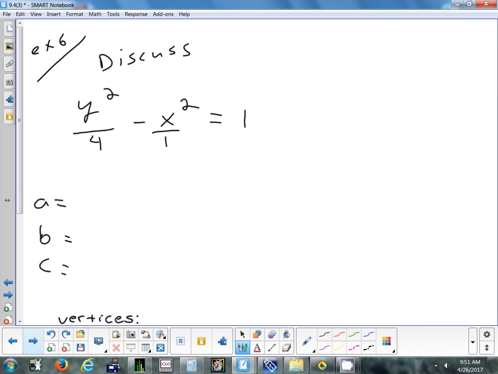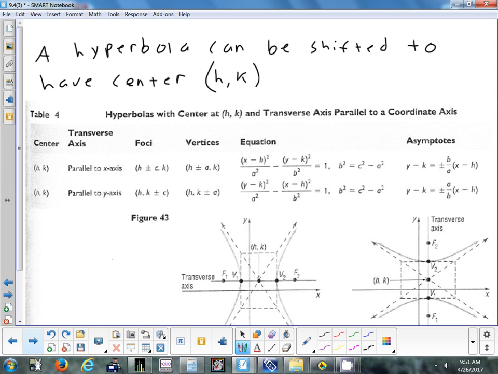All right, that's another one that's kind of the same as what we've been doing. This is the chart, if you want to copy something onto your reference sheet, that takes into account shifting it. The only difference is now you have an h, k in the top. Your asymptotes still have the same slope.